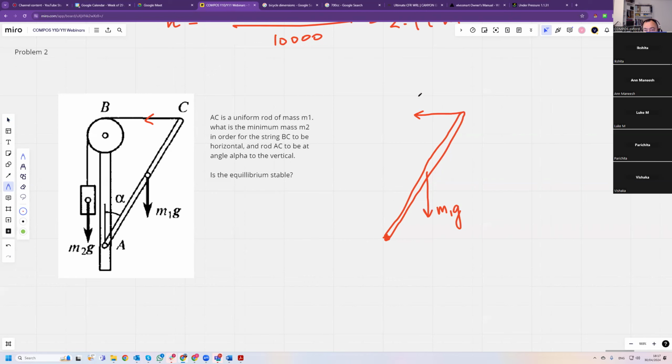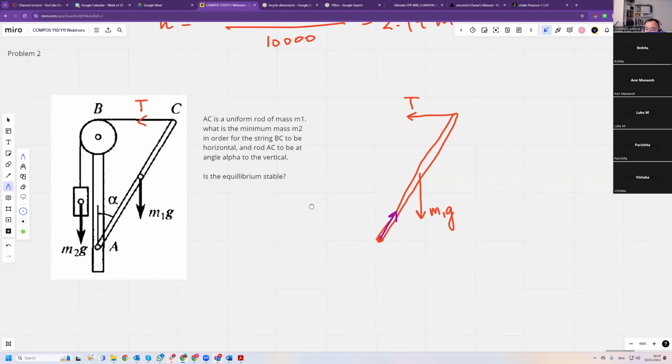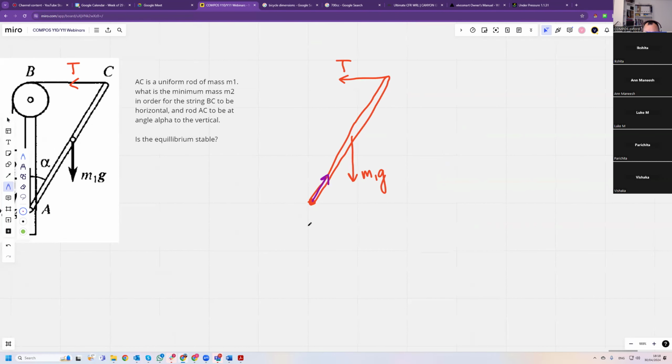There's the tension on the rope, T. There is some kind of force here, which we don't really know. I assume it is somewhat this way. That would be the reaction force.